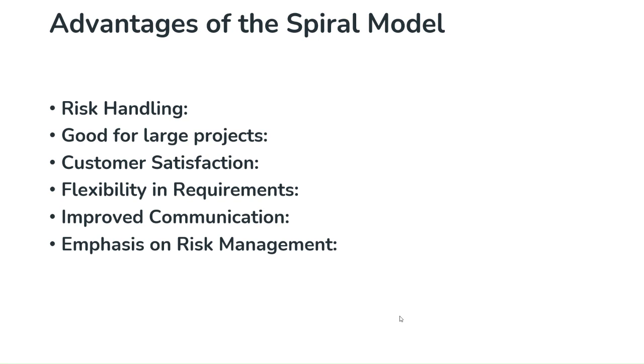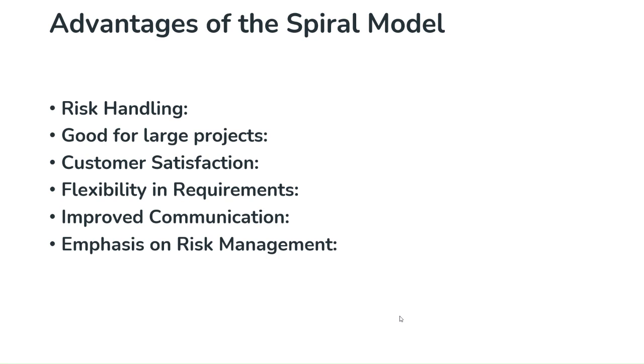The main advantage of the spiral model is to identify, handle and maintain the risk. At every phase we are having risk analysis. To handle that risk, we are using the spiral model. It is also good for large projects, because it is developed for large products only.